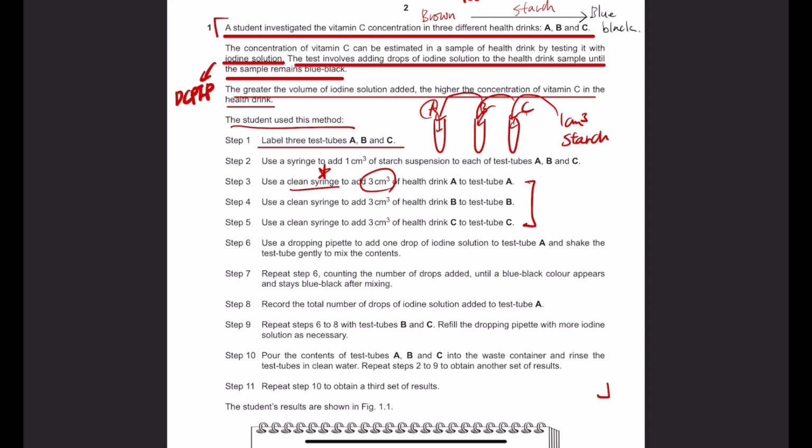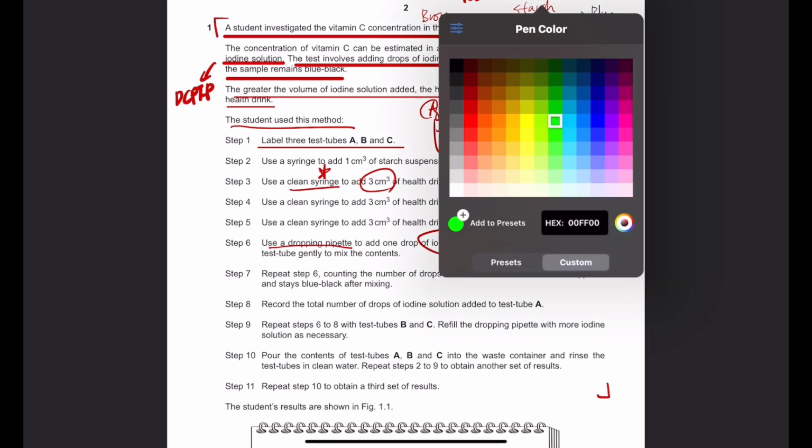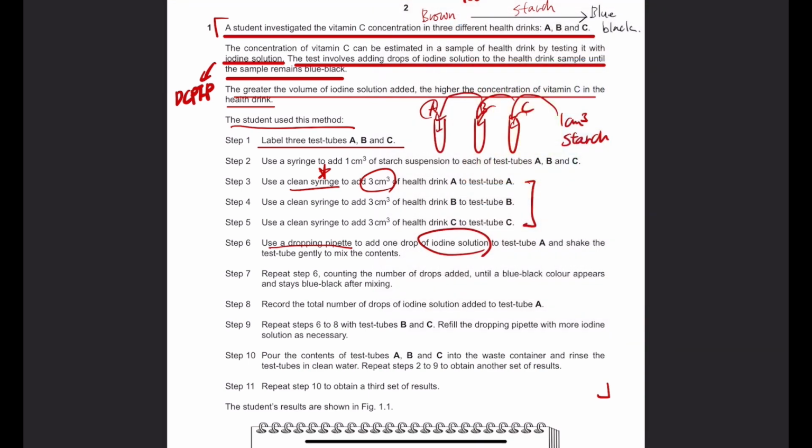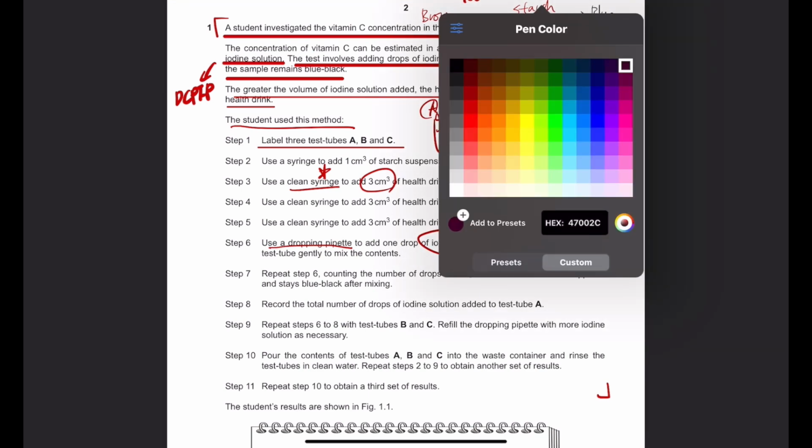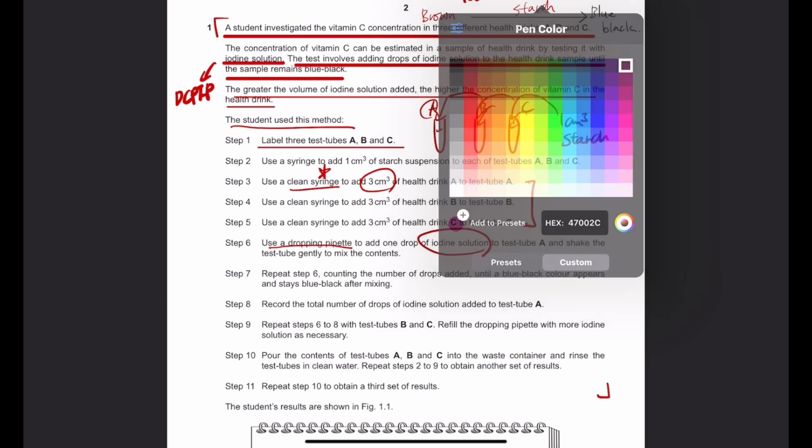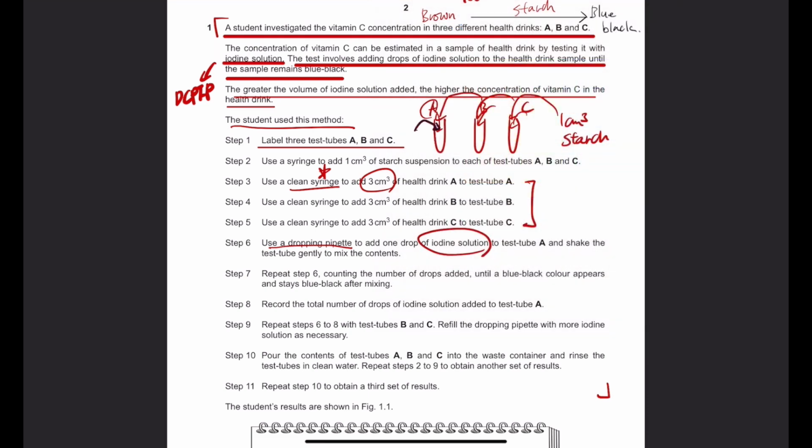And then he used a dropping pipette to add 1 drop of iodine solution. So the iodine solution was put into test tube A first. It was shaken to mix the contents.